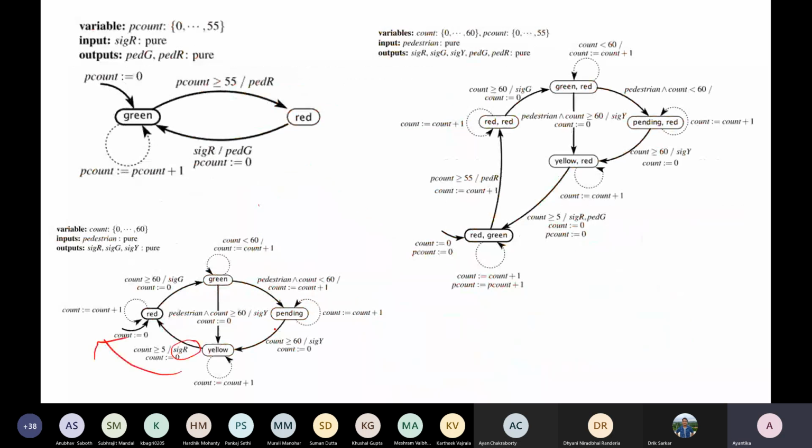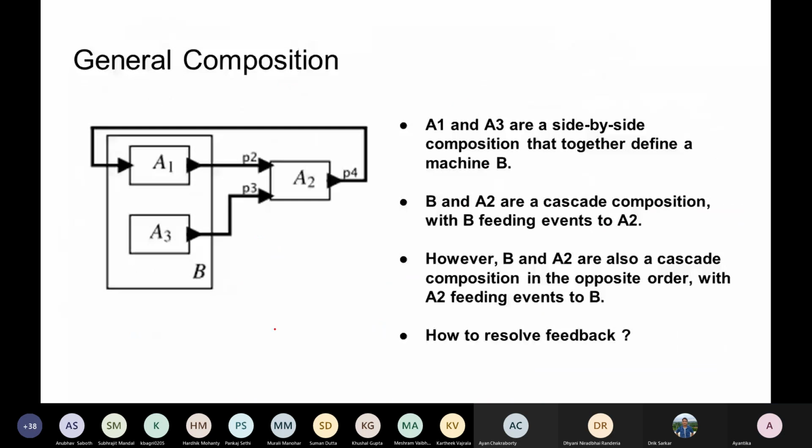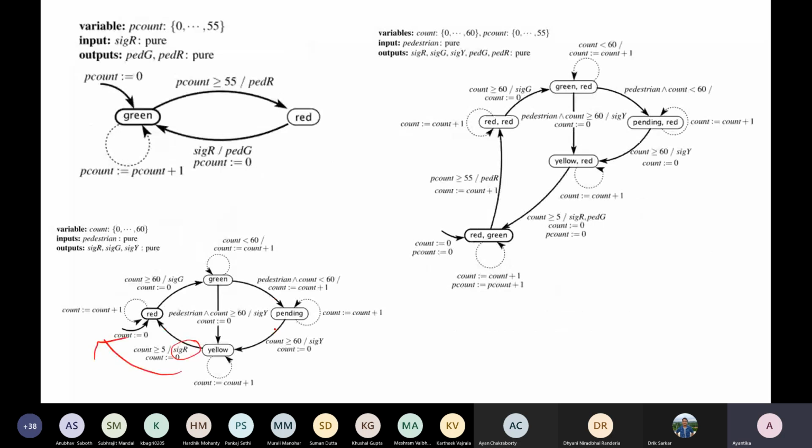So now again the same thing. Whenever you have multiple machines, you are actually combining multiple substates into one master state. You are combining all pairs of states, and that way you are defining the states of your master state.